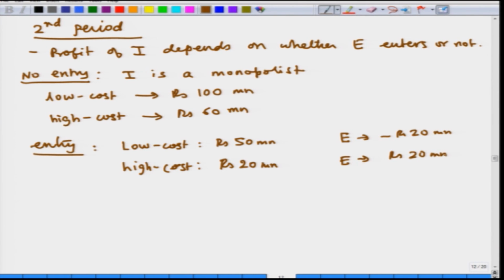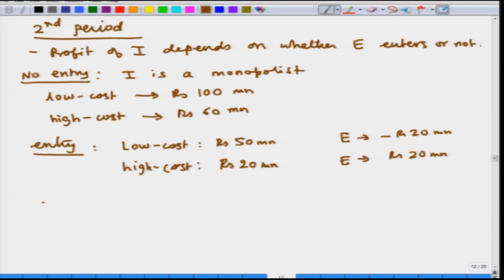So, this essentially tells us that now the high cost has some interest in pretending to be of a low cost firm. The reason being that if the high cost can somehow signal to the entrant that it is a low cost firm, it may be possible that the entrant decides not to enter, and that may be profitable for the incumbent, right. So, let's first capture all of this in the form of a game tree, and then we will analyze the model.